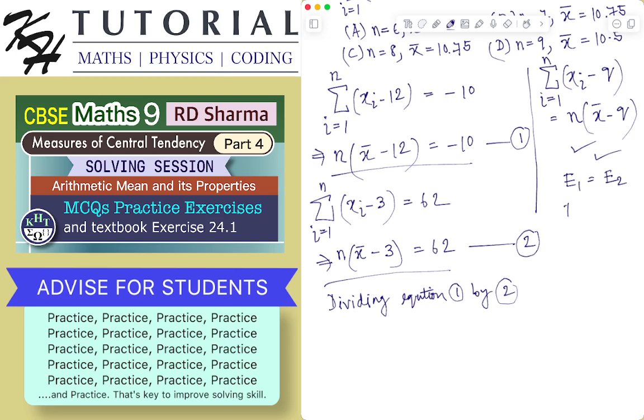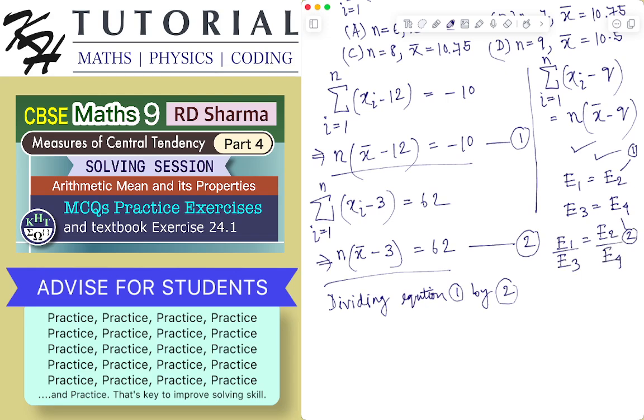I have another equation, E3 is equal to E4, where E3 and E4 are again some algebraic expressions. Let's say this is equation 1 and this is equation 2. What do I mean by dividing equation 1 by 2? It means I will have the result E1 by E3 is equal to E2 by E4.